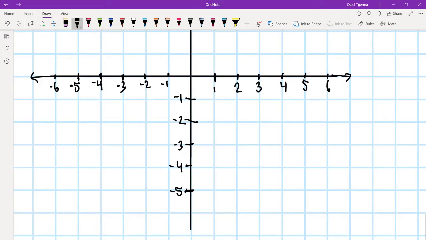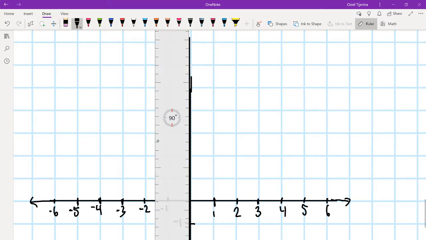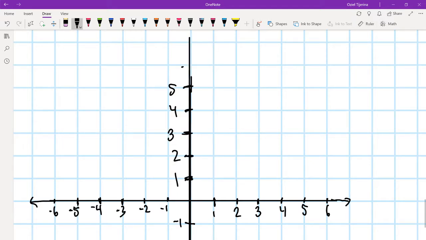I'll just go up to -6. And then this one, 1, 2, 3, 4, 5, 6.